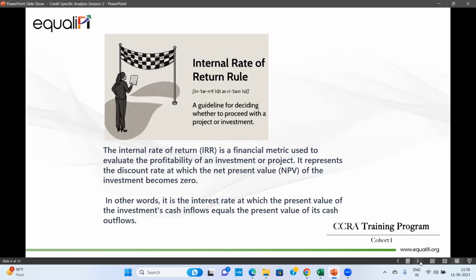It is the discount rate at which the NPV of the investment becomes 0. In other words, it is the interest rate at which the present value of the investment's cash inflow equals the present value of the cash outflow. That is the concept of IRR.